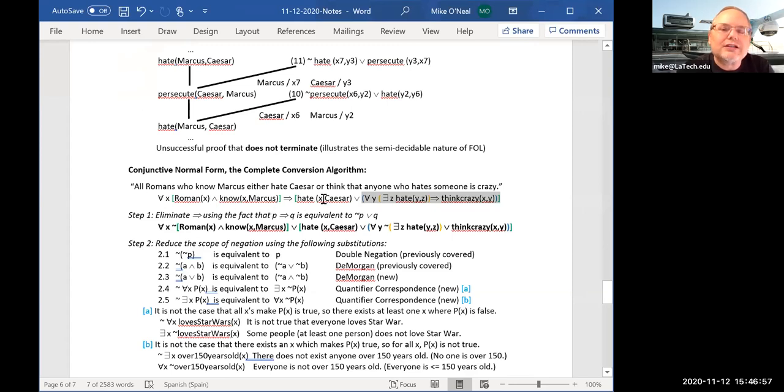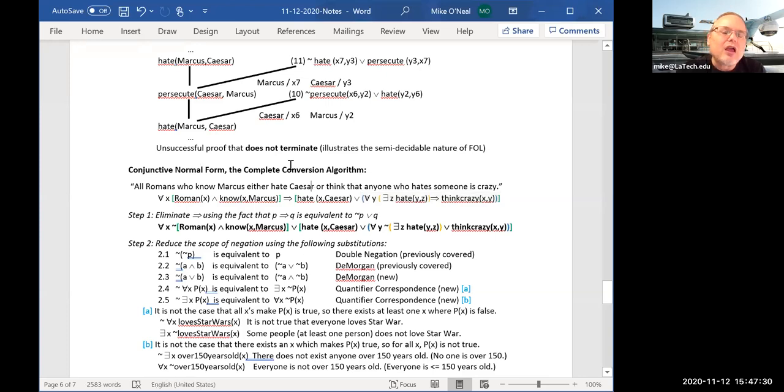He or she either hates Caesar or for all Y, there exists a Z where Y hates Z. So this is basically saying some entity, could be a desktop, some entity hates Z. There is some Z that exists that Y hates. And because of that, X, the Roman who knows Marcus, thinks that Y, the individual doing the hating, is crazy.